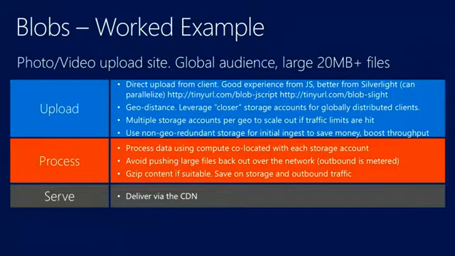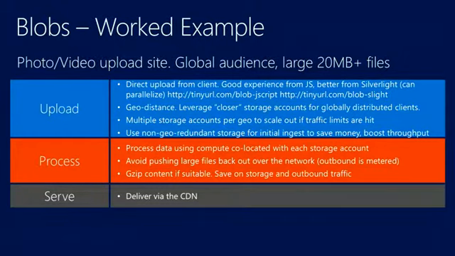I would probably think about using non-geo-redundant storage for that ingest process, and then picking up and batch processing those files into geo-redundant storage as part of some sort of background process. So you'd probably process that data with compute co-located with each of those storage accounts, and avoid pushing those large files back out over the network. Then push the processed file into geo-redundant storage.